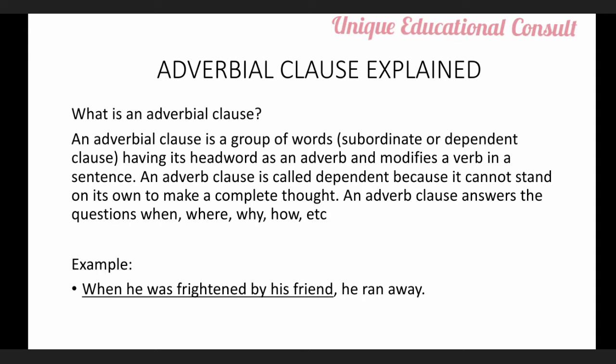That is a main clause or an independent clause in the sentence. So the two are combined to make a whole sentence. I hope this is clear. So in this case, when he was frightened by his friend is an adverbial clause and it modifies the verb ran. Hope it's clear. Now let's move to the next stage to see what we have there.